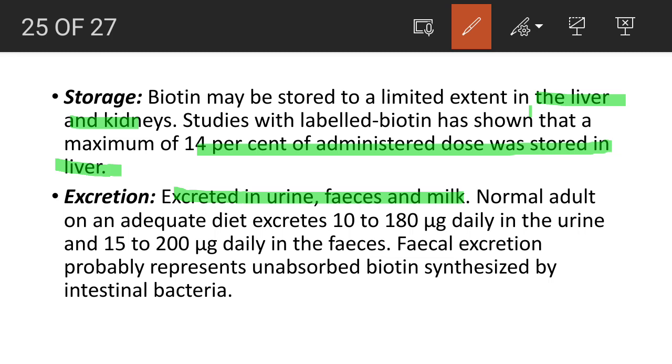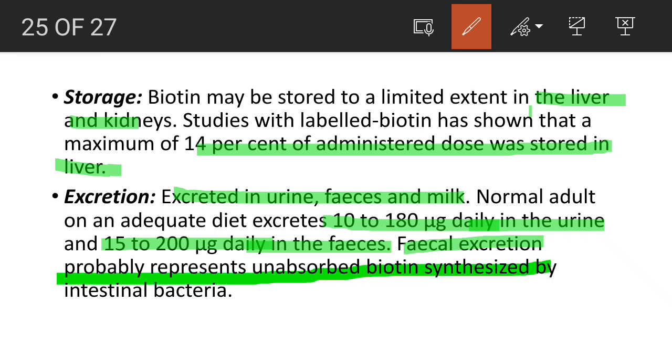A normal adult on an adequate diet excretes 10 to 180 micrograms daily in the urine and 15 to 200 micrograms daily through the feces. Fecal excretion probably represents unabsorbed biotin synthesized by intestinal bacteria.